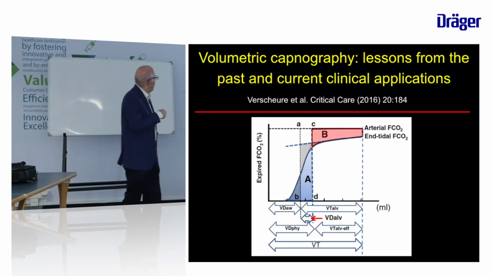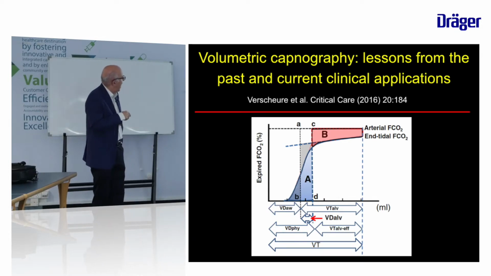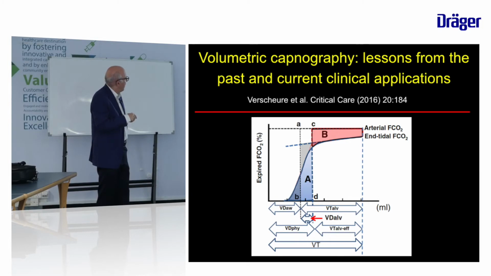So overall, if you have the expired CO2 and the volume, you can get information about the anatomical dead space, because you can measure it automatically on the middle line of the expiratory CO2 here. You have information about the physiological dead space.